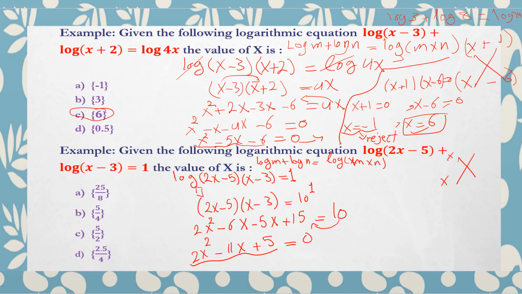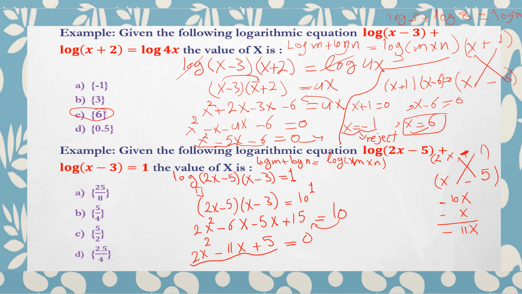Let's try 1 and 5 and 2x, so plus and plus or minus and minus, so 2x times minus 5 gives minus 10x, and minus x gives us minus 11x, and minus 1 times minus 5 gives plus 5, so this is correct.